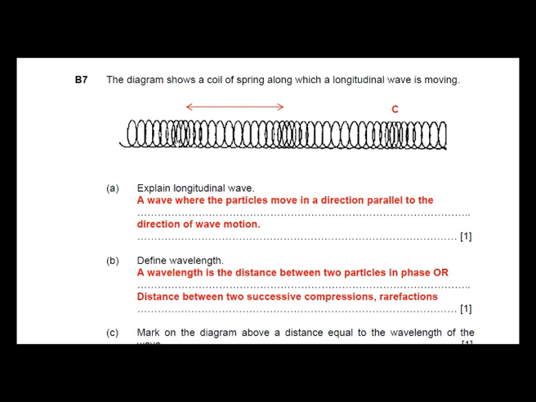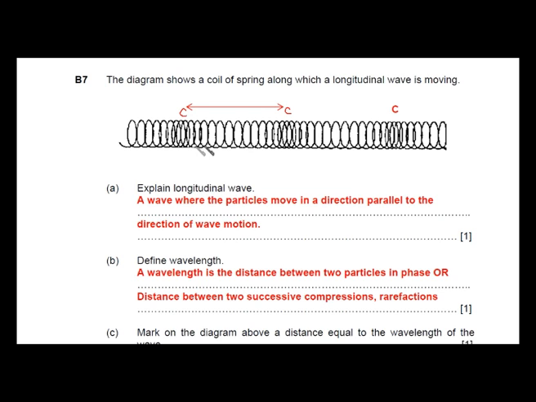You see the springs, regions where they are closer together compared to the regions over here. So we label C directly above the region of compression. This is the region of compression. This is the region of compression. You can label anywhere that's above the region of compression. So this can be C.